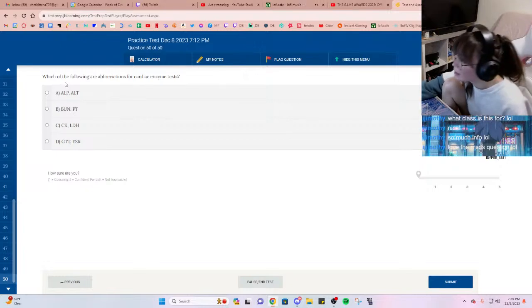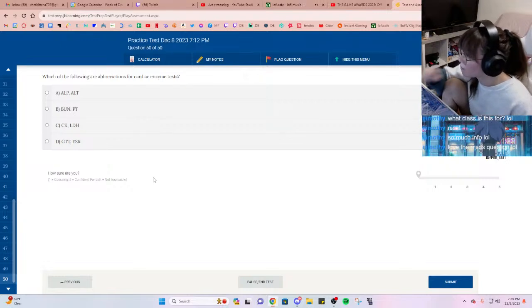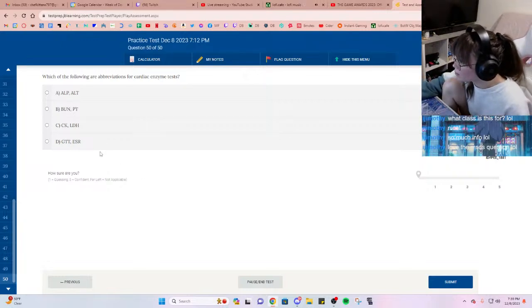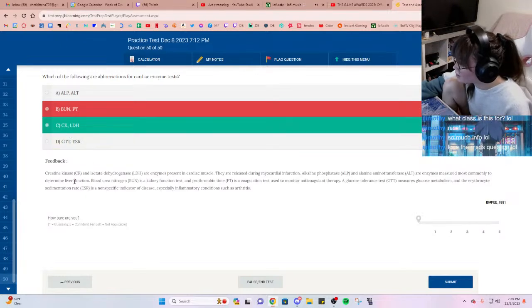Which of the following are abbreviations for cardiac enzyme tests? This is a glucose tolerance test. I don't think it's that. I think this one's... I forgot what this one is. Damn it.